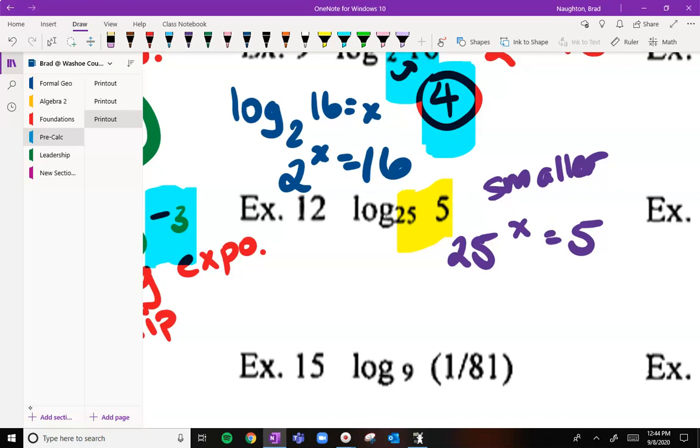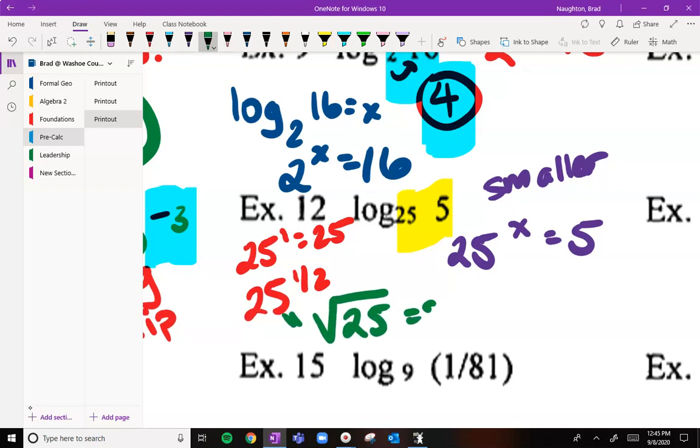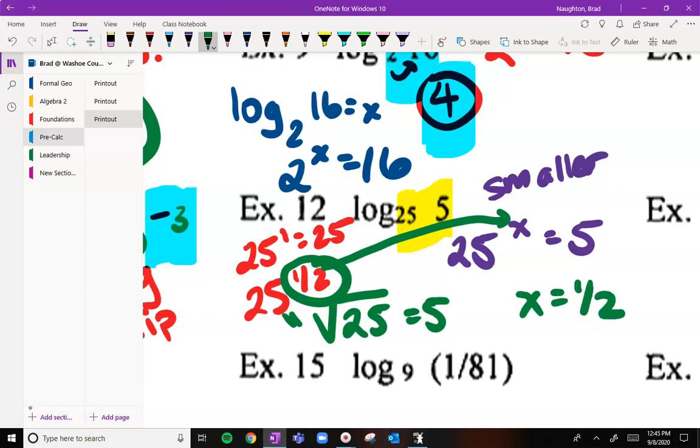Well, let's think about this, ladies and gentlemen, boys and girls. 25 to the 1, 25. 25 squared, 625. So we're going in the wrong direction, as was mentioned. So let's try something else. 25 to the 1/2. Well, we mentioned that that's going to be a radical. So that's really the square root of 25, which is 5. So 1/2 is my answer. So x is going to be 1/2 in this example, or 1/2 is my value.